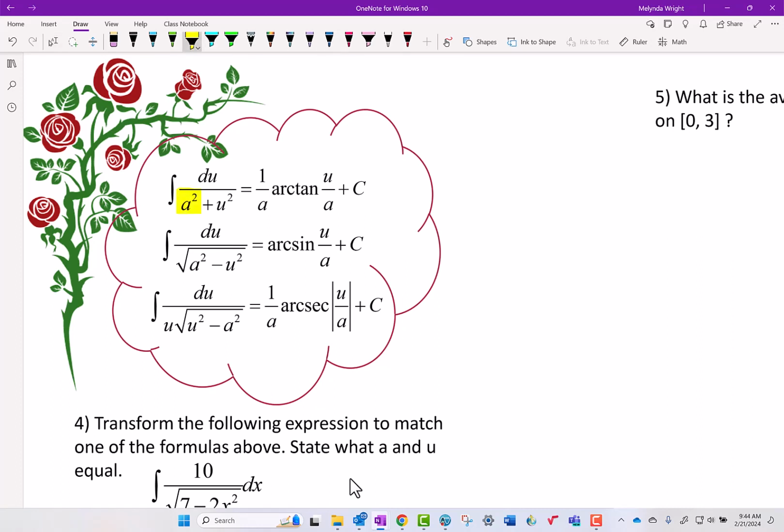A is a number. U is a variable. So if we have 1 over A squared plus U squared, we can integrate it as 1 over A arctangent of U over A plus C.